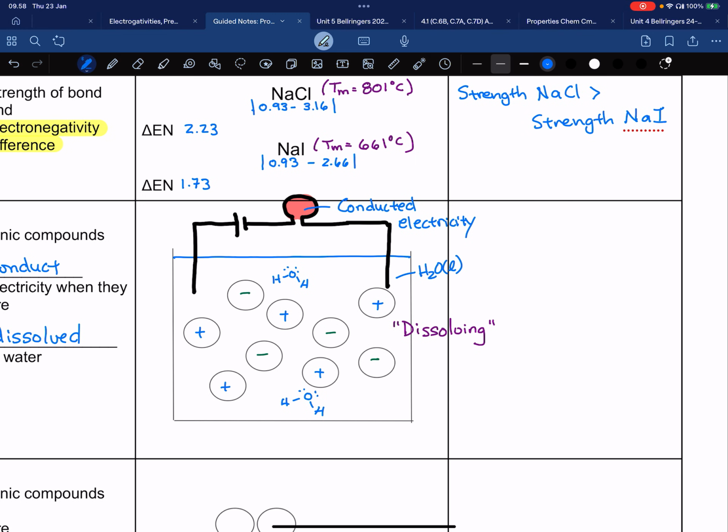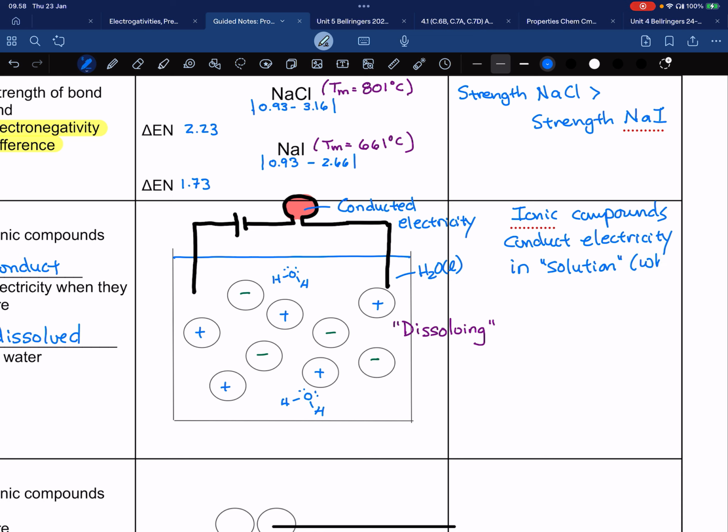So, ionic compounds conduct electricity in solution. That's a solution.